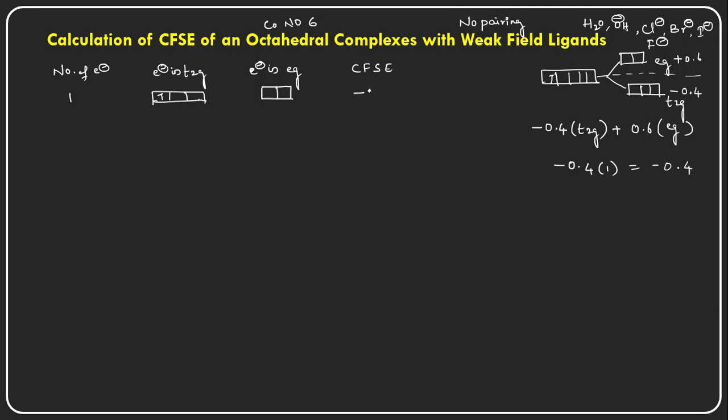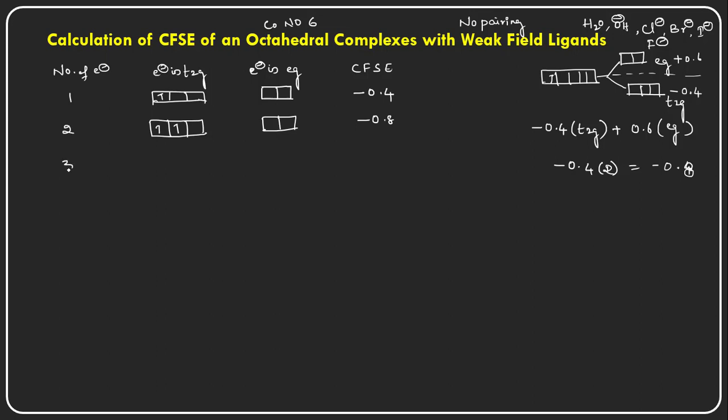So minus 0.4 into 1 gives the value minus 0.4 only. And if two electrons are present, they will also enter into the lower energy level of T2g, and there are no electrons present in the Eg orbital. So this will become 2, and the value will become minus 0.8, right?